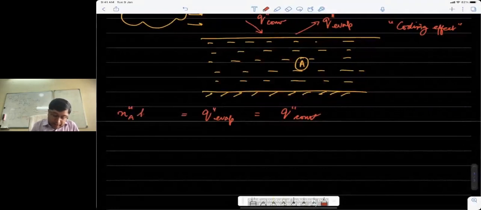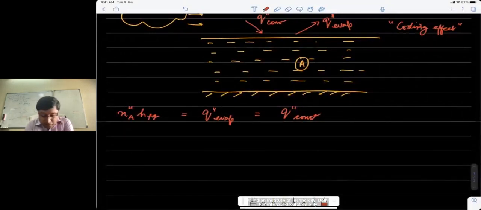So n double dash A times the latent heat h_fg must be the amount of energy required to evaporate this liquid into vapor phase. But Q double dash convection would be the heat transfer coefficient h times T infinity minus Ts, where Ts is the surface temperature.